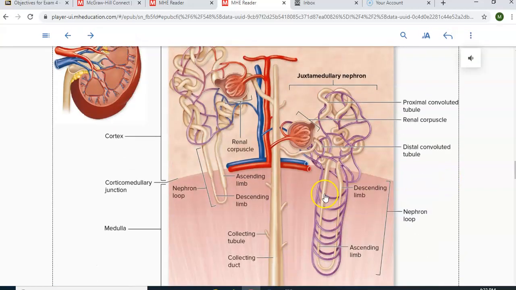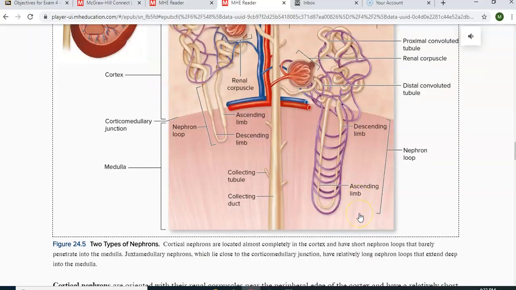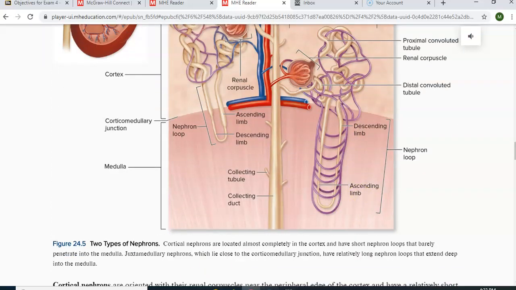Again, this one is going to be involved in a lot of concentrating of the urine, and we'll talk about that later. Of all the nephrons, the majority, 85% of them, are cortical nephrons. So these only make up about 15% of the nephrons in our kidneys, but they play a very important role. We'll talk about that later.